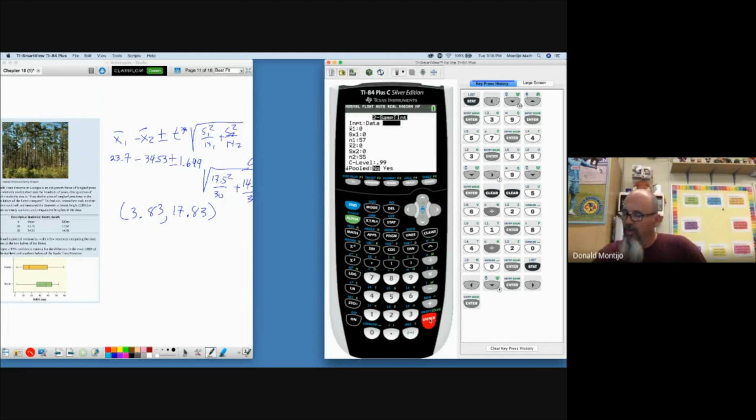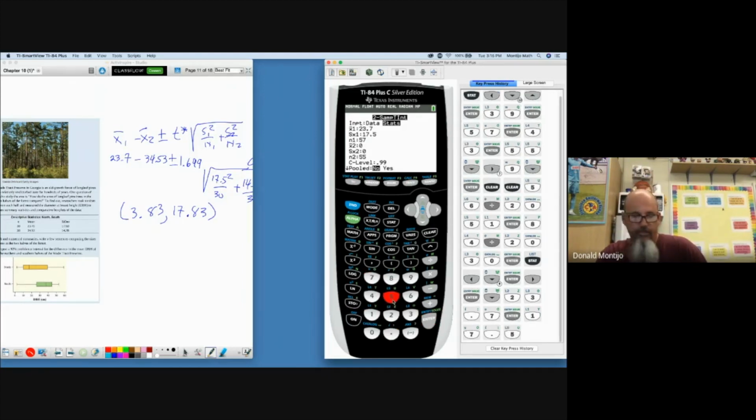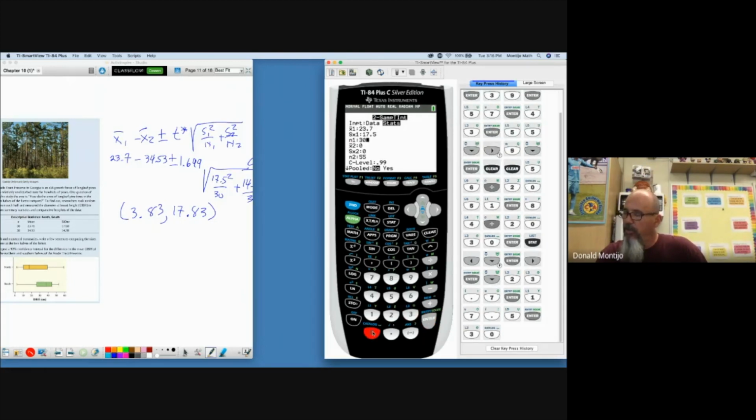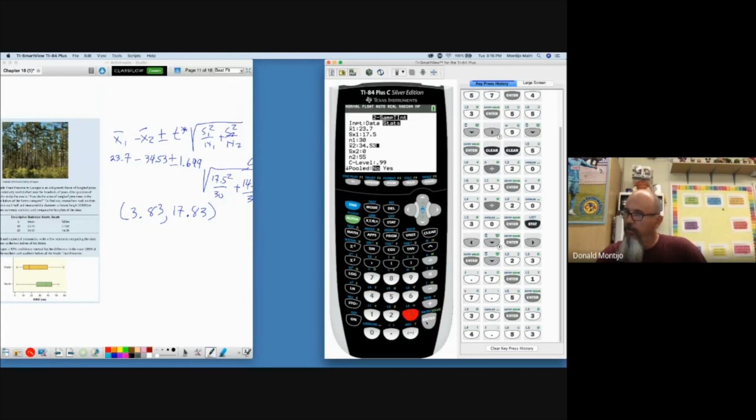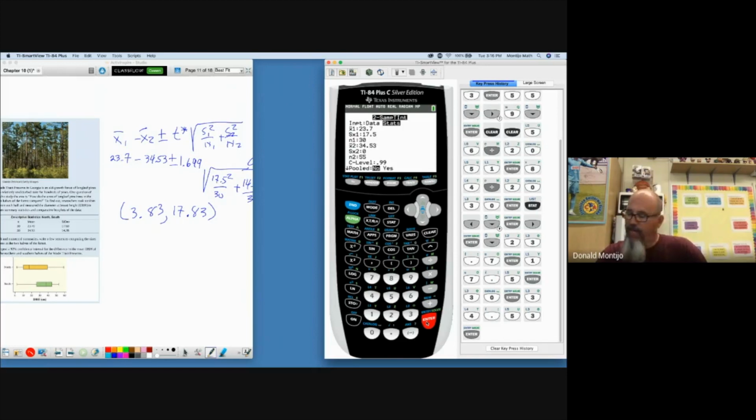Okay? What is x bar 1? Oh, it's 23.7 was the first mean. What's the first standard deviation? Oh, it's 17.5. What was the size of the first sample? Oh, it was 30. The second sample of trees had a mean of 34.53 with a standard deviation of 14.26.